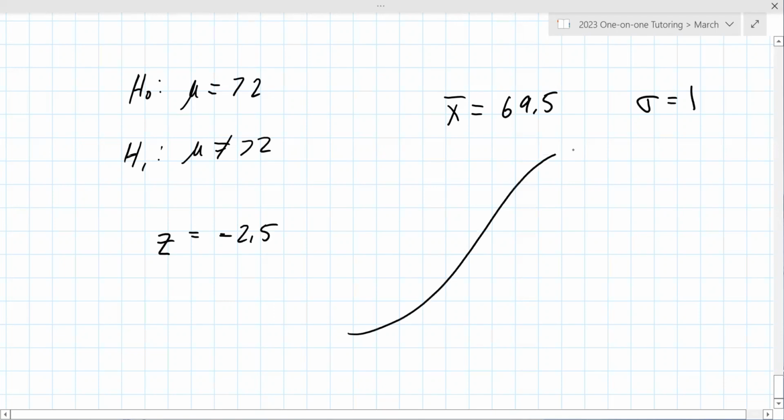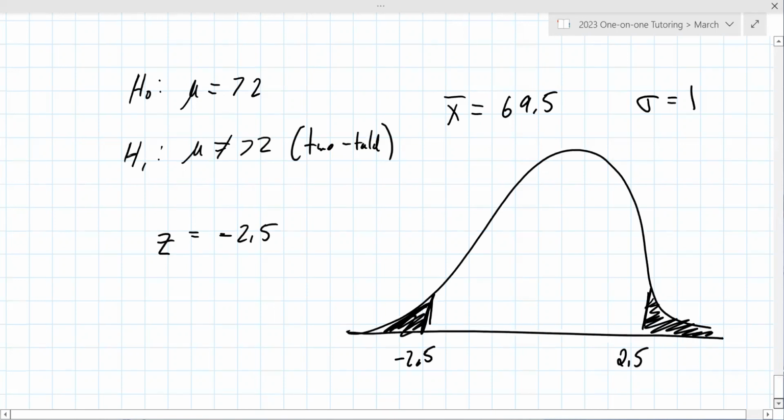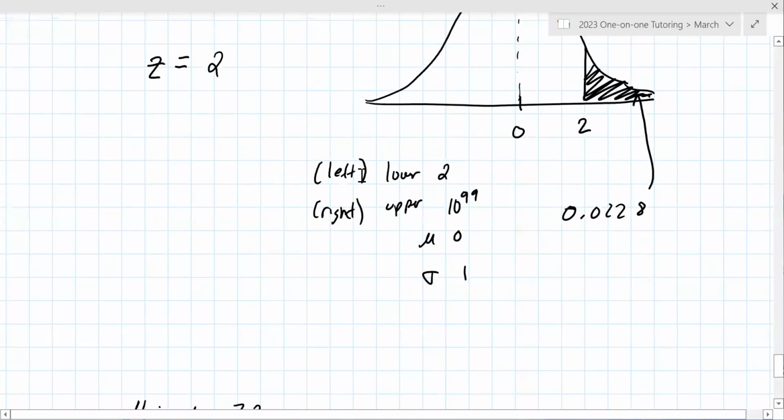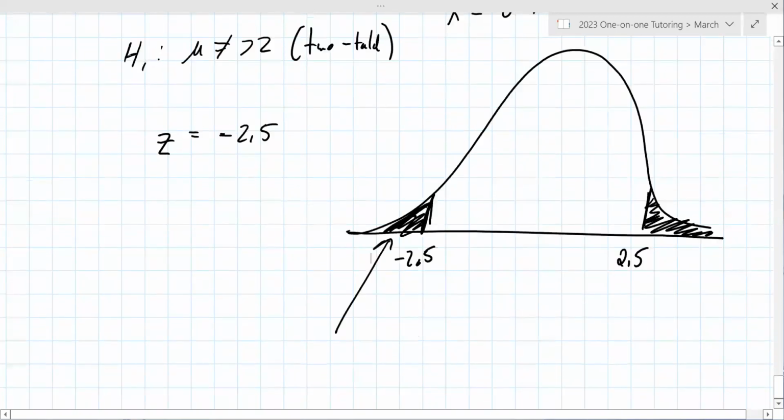Now on the curve this time, because it's two-tailed, you put the negative 2.5 here, but then you also have to put a positive 2.5, and that's all because it's two-tailed. Okay, so you have to find the area of both of these. Now, because of symmetry, you only have to find the area of one. In a previous problem, we found that the area was 0.0062 in one.